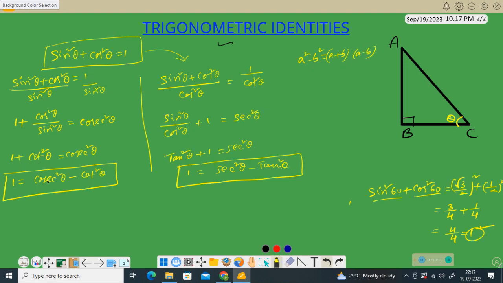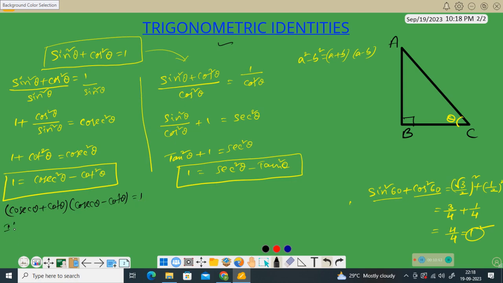So based on this formula, cosecant squared theta minus cot squared theta becomes cosecant theta plus cot theta into cosecant theta minus cot theta is equal to 1.